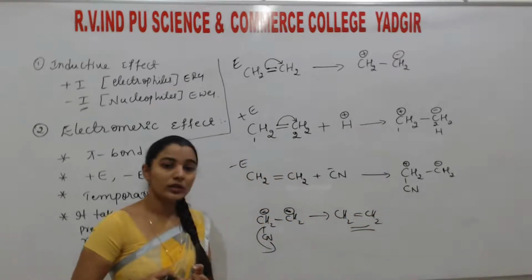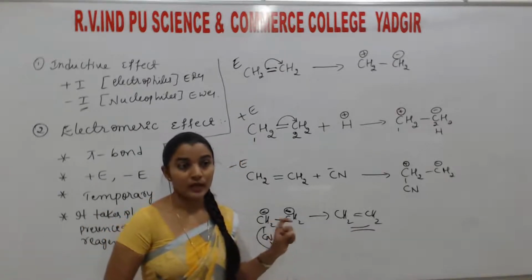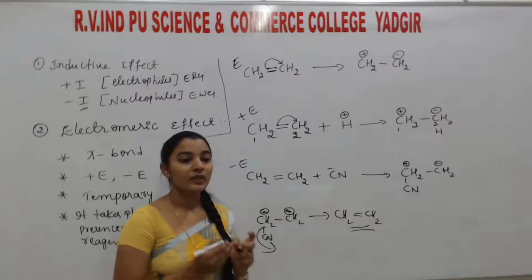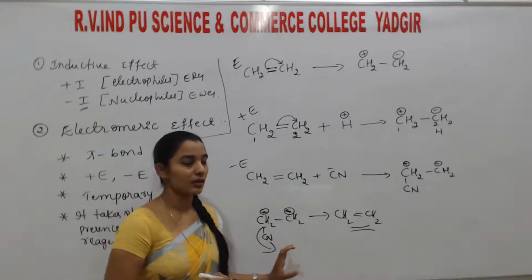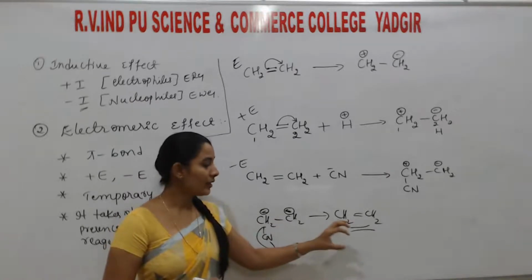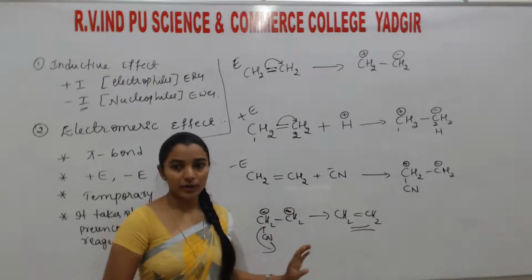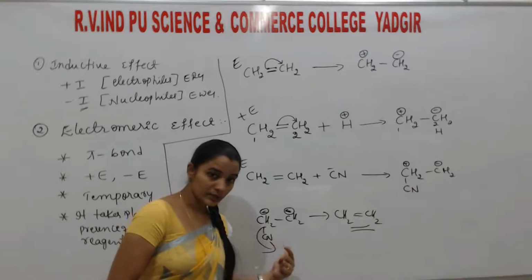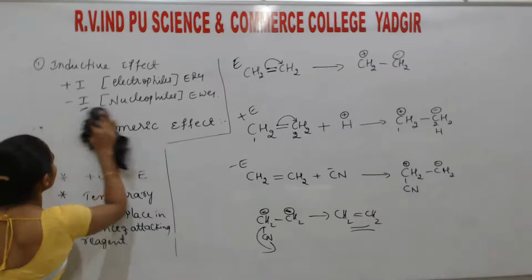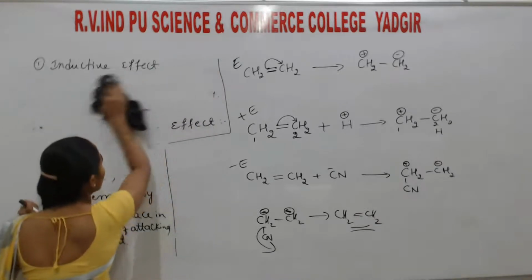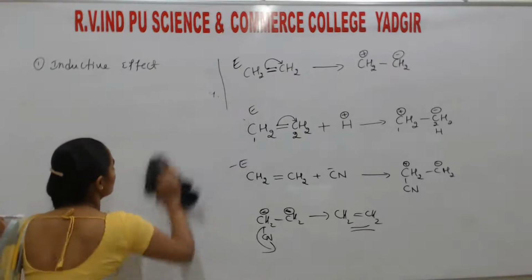Once we remove the attacking reagent, they again become the original molecule. That's why it is temporary. The effect can be exhibited only in the presence of the attacking reagent. If the attacking reagent is removed, the effect also disappears. It is not a permanent effect. So if the attacking reagent is present, the effect is possible. That is the difference between the inductive and electromeric effect. It's very important for 2 marks.